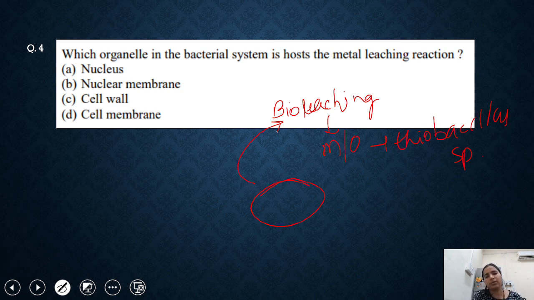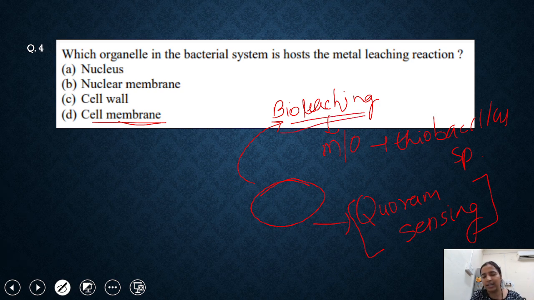For this bioleaching process, mainly the cell membrane is involved. Some of you might have studied quorum sensing. This is the biological process that occurs in bioleaching.